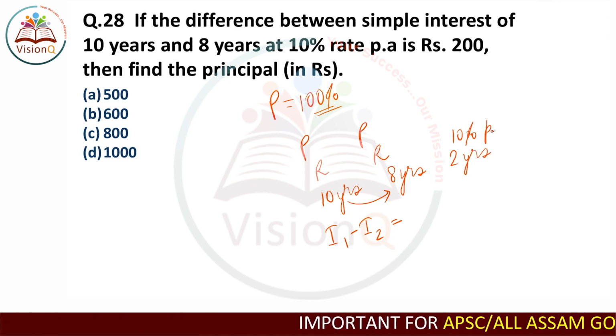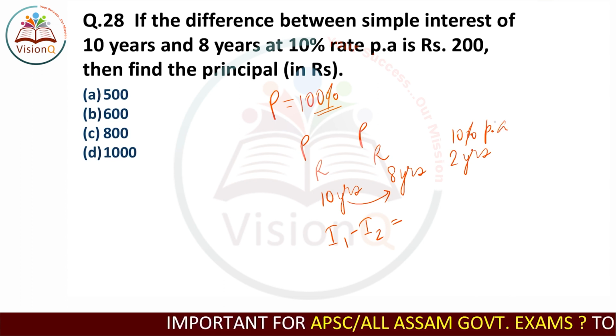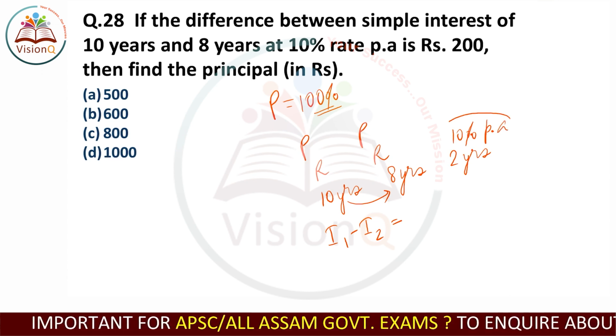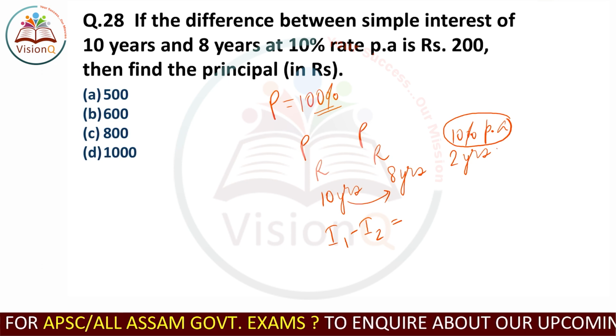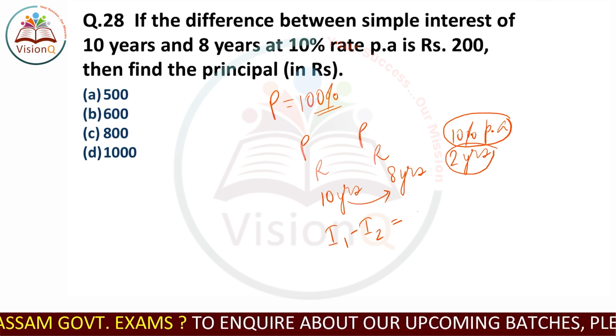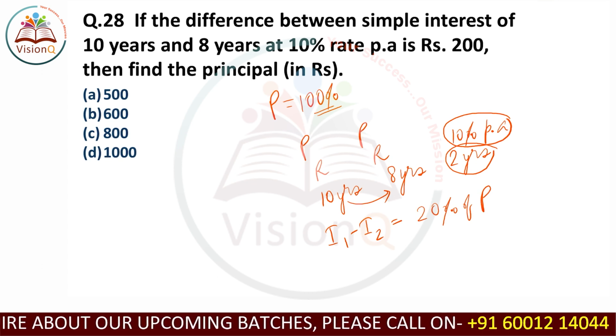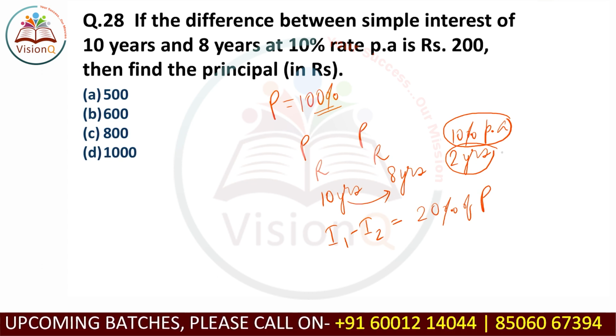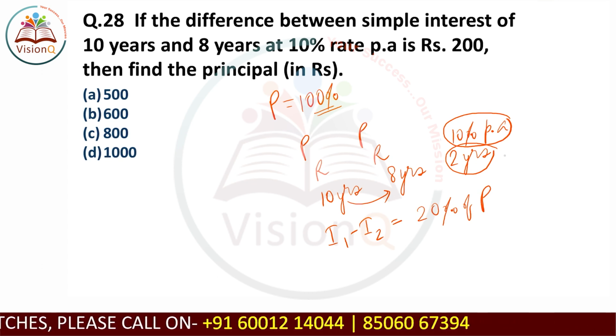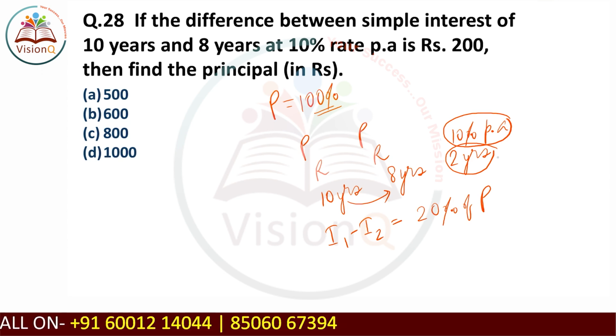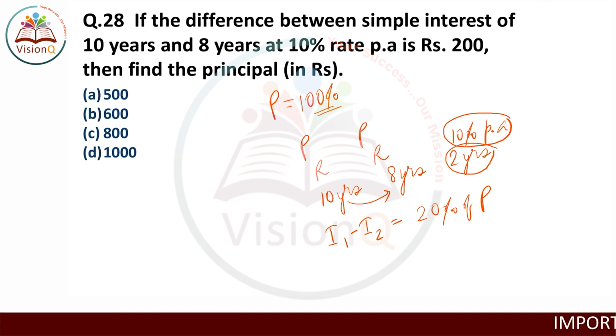If the 10% interest difference is for 1 year, then in 2 years the difference will be how much? 20% of the principal. Because principal is the same, R is the same, so obviously the difference of the interest will be because of the difference of time only. So, if the 10% difference is in 1 year, in 2 years the difference is 20%.